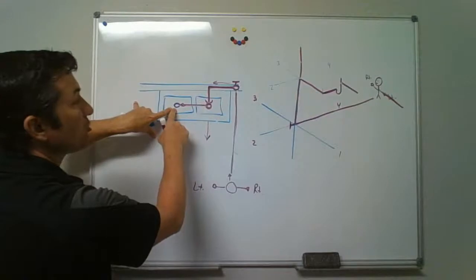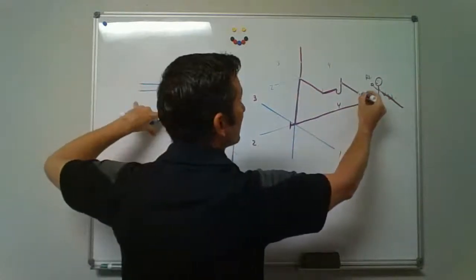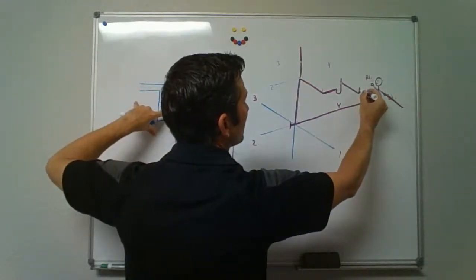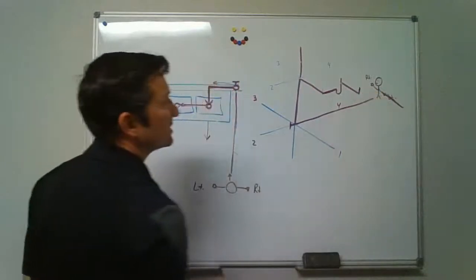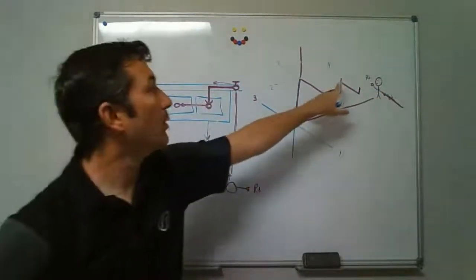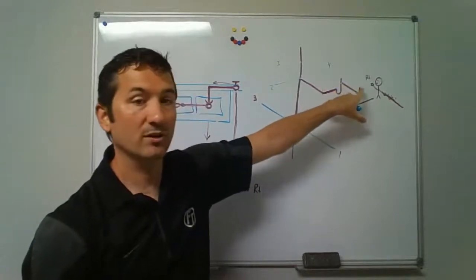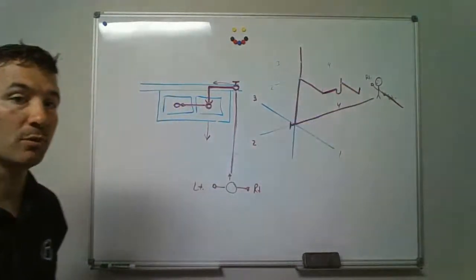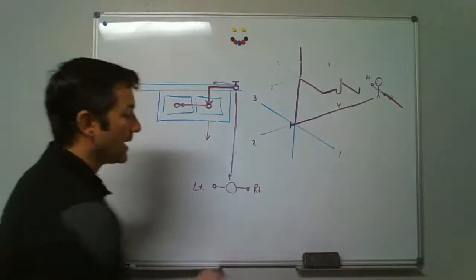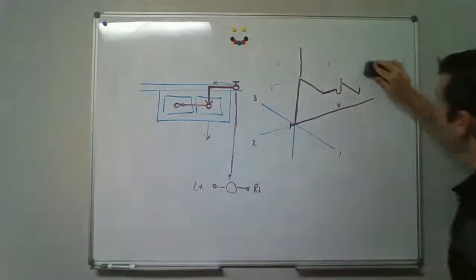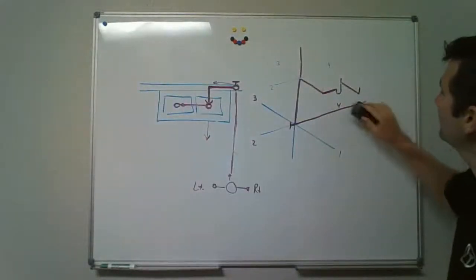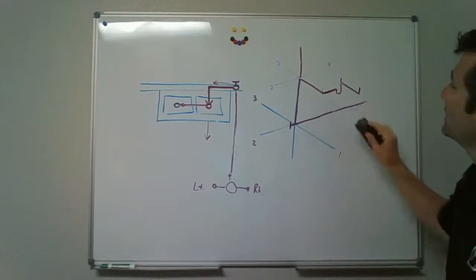Then we have another circle, another vertical turn. There you go. That's the continuous waste. It's catching both bowls. The trap's under one bowl, but it tees off and comes over and catches the vertical for the other bowl. There is one angle. That is one angle of the kitchen sink.